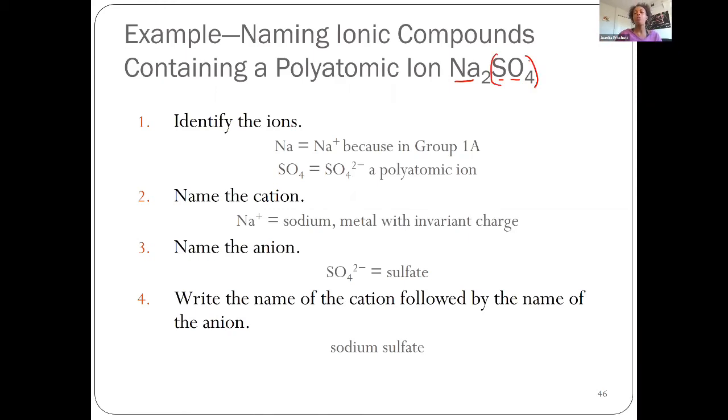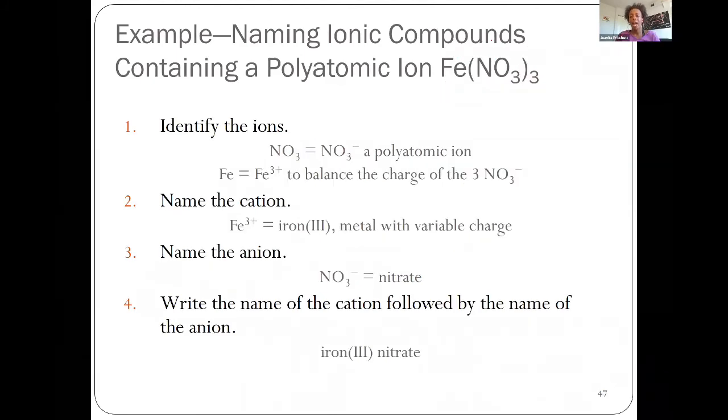We know sulfate has that 2 negative charge. That is our anion. I also see I have sodium, which is a fixed group 1 metal, which is +1. So when we're naming this, we would name the cation, which is sodium, followed by the anion, sulfate. We don't need to say sodium 1 because sodium is one of our fixed charge metals.